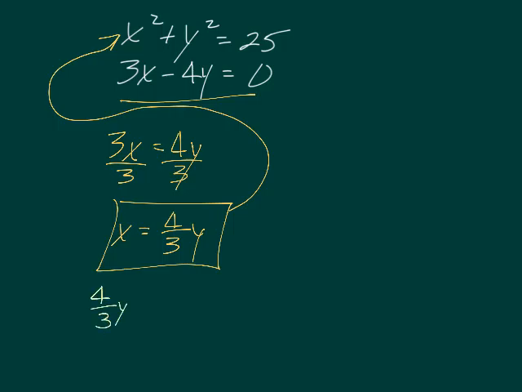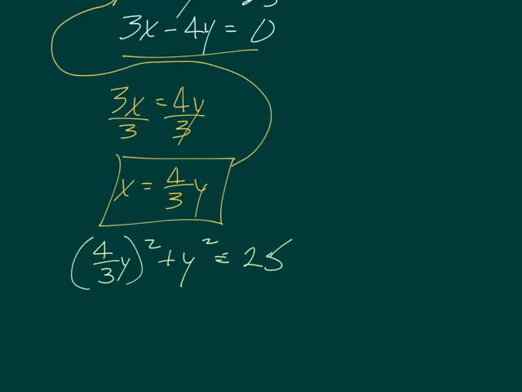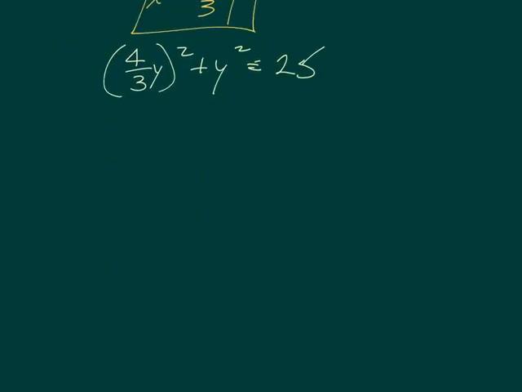4/3 y, the quantity squared, plus y squared equals 25. Okay, so let's move some of this stuff out of the way here. And that's our equation that we're looking at. When we square 4/3, we get 16/9, and our y just becomes squared, plus y squared equals 25.